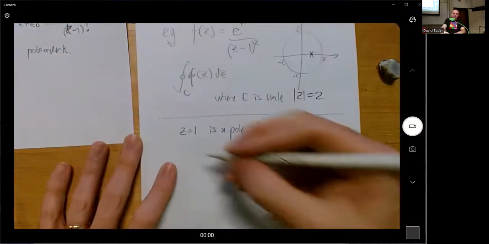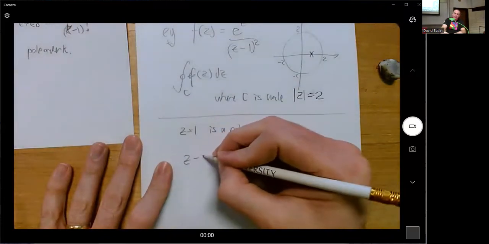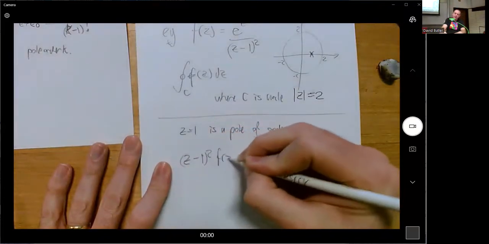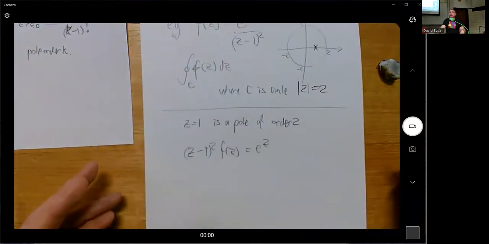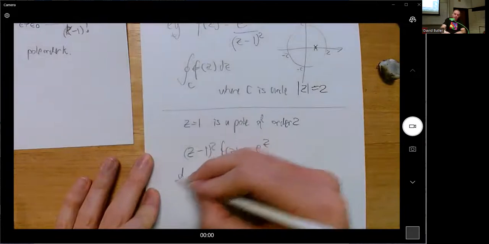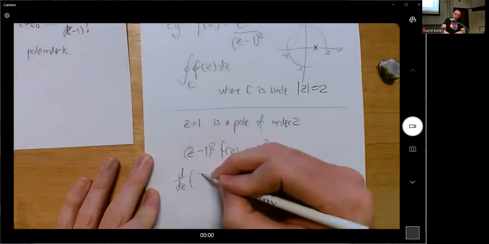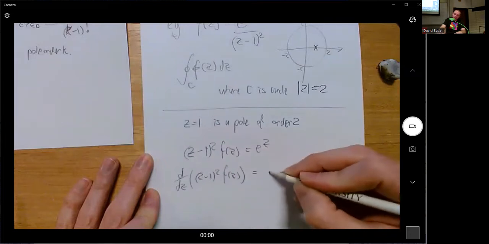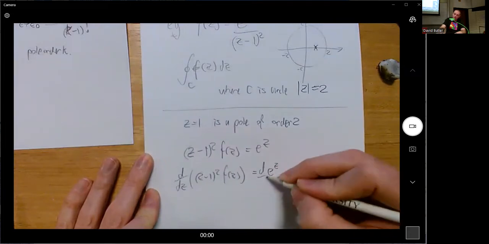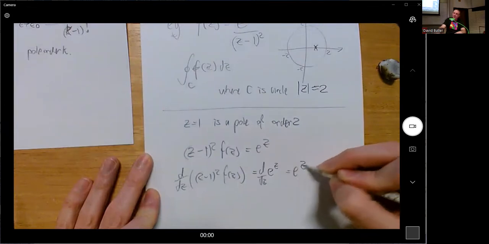So you could say that z minus 1 squared times f of z is e to the z. And we're going to need the first derivative of that, which is just e to the z again.